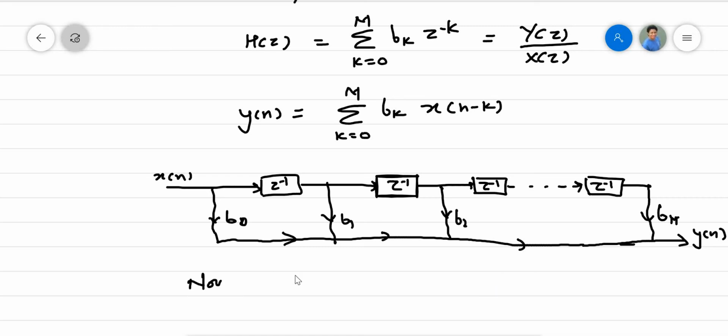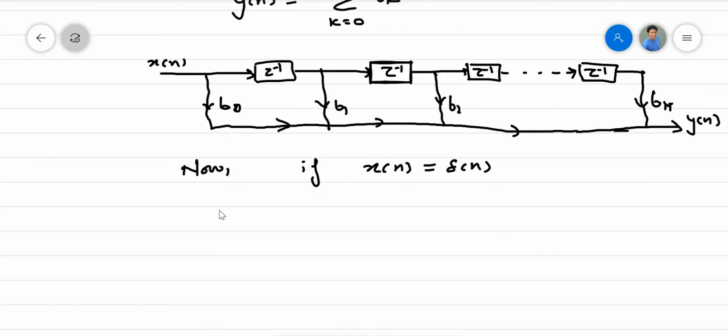Now if we put x[n] equal to delta[n], then the output is y[n] equals h[n], because h[n] is the impulse response.